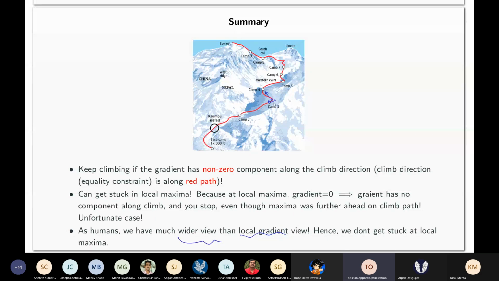And in fact, momentarily there may be a decrease as well. But I have a global view, right? So I can see that at some point further ahead I can increase. But if we use the gradient methods, then it doesn't tell us anything ahead, right? It only tells us local decrease or increase. And if by using that information we stop here, then we did not really proceed forward, right?